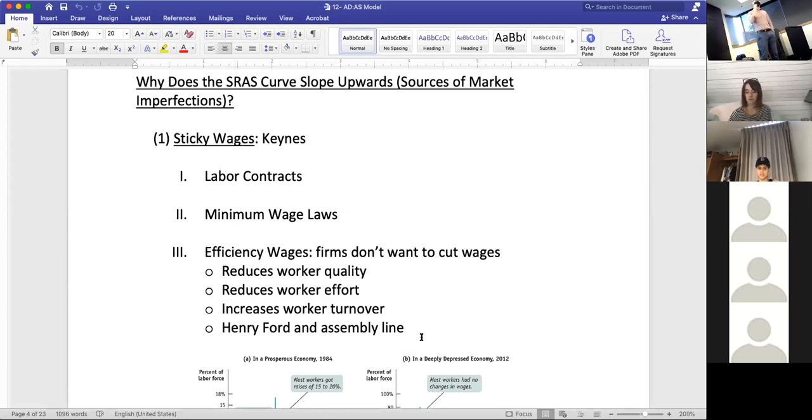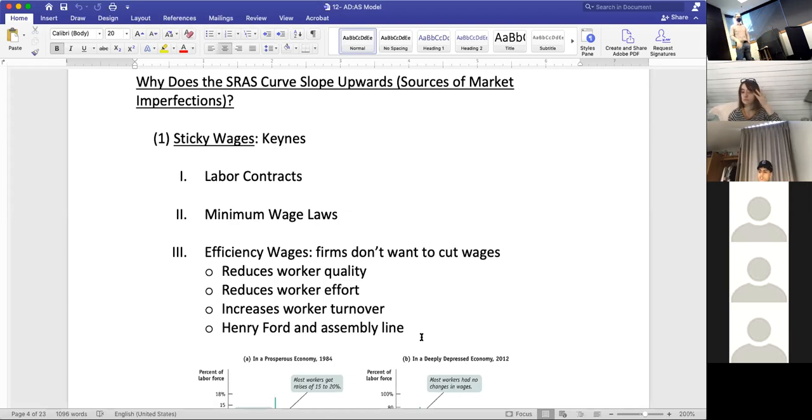So at Henry Ford's first assembly line in Detroit, when he first started, he was paying market wages, which is about $2.50 a day. And when he started paying market wages, he had about a 40% absenteeism rate every day. And his average worker lasted on the assembly line about 6 months.